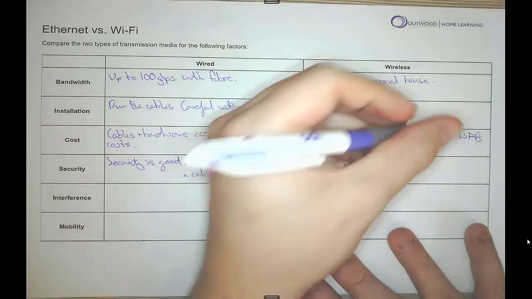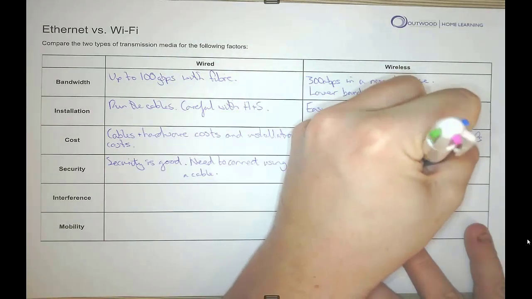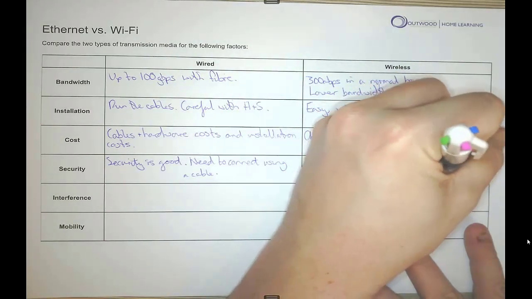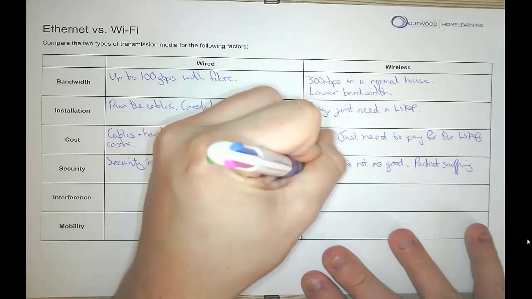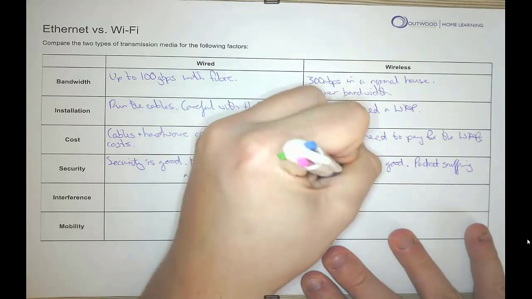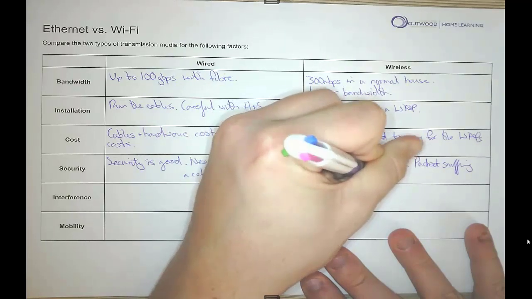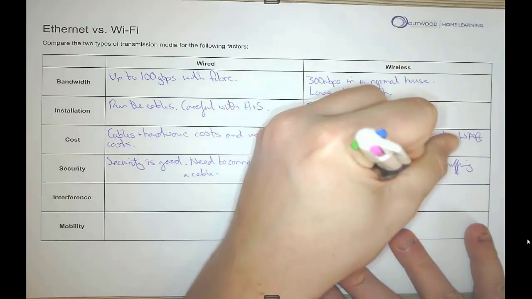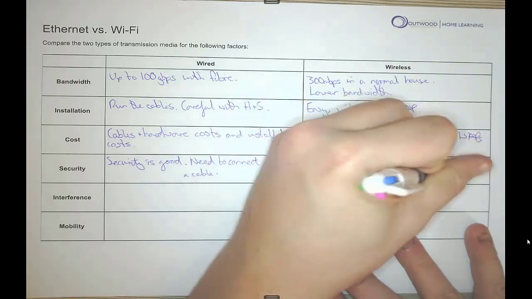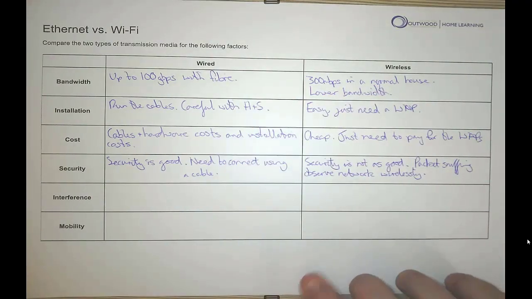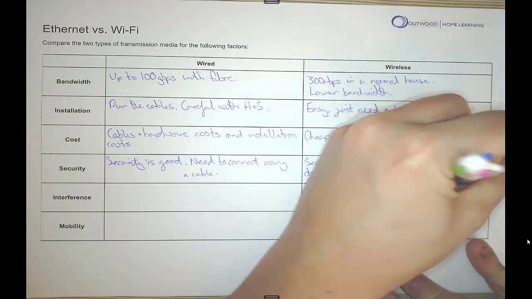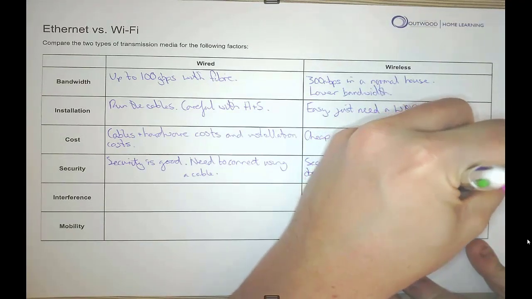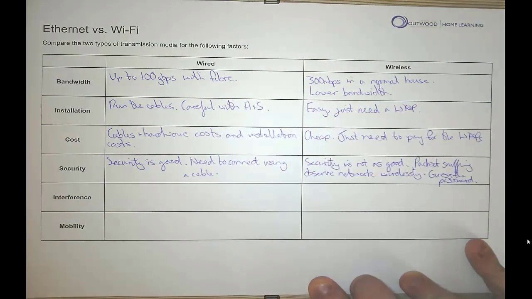People can use packet sniffing and observe the network wirelessly. And they can also guess the password to your network.